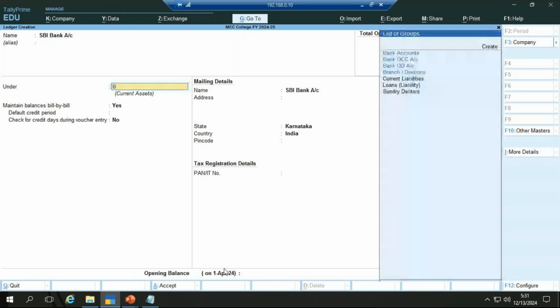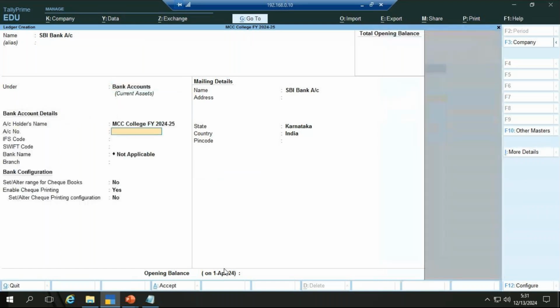Enter. So it comes under bank account group. Priya comes under sundry debtor and SBI bank account comes under bank account group.